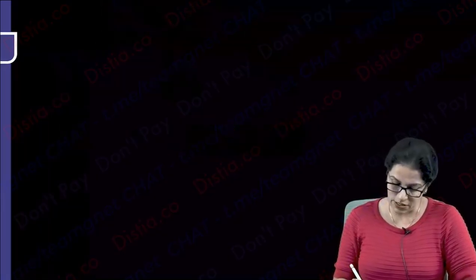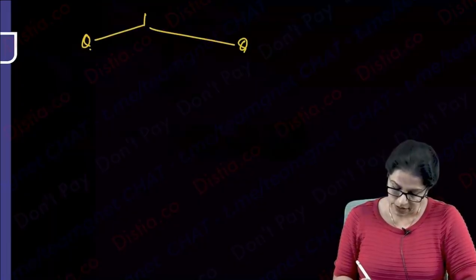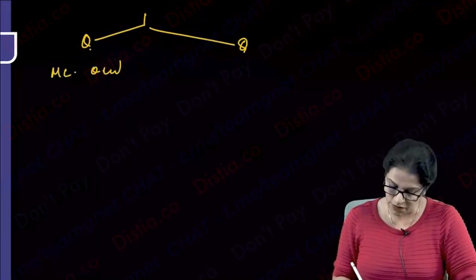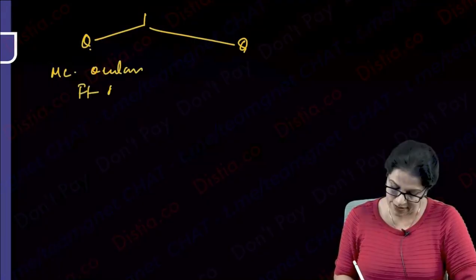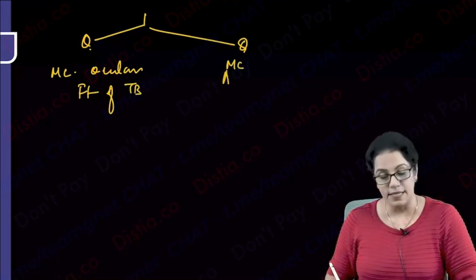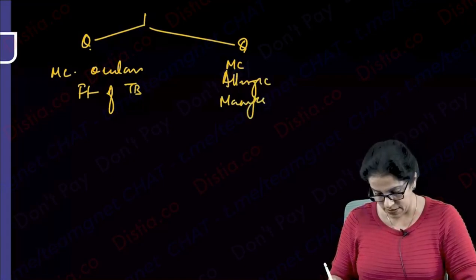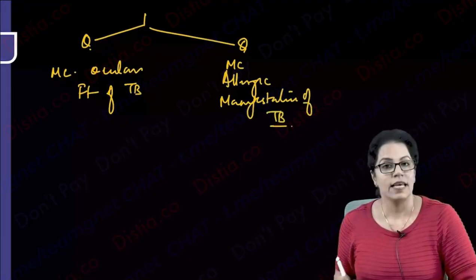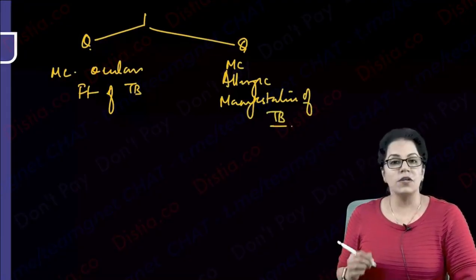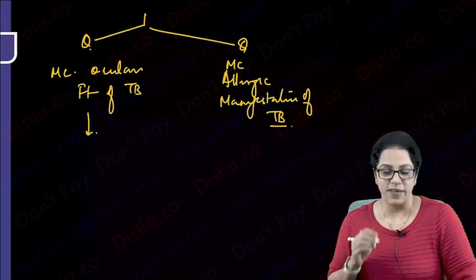They have asked you the question in two ways. One way is, what is the most common ocular feature of tuberculosis? And secondly, which is the most common allergic manifestation of tuberculosis? If they ask the most common ocular feature of tuberculosis, your answer should be uveitis.